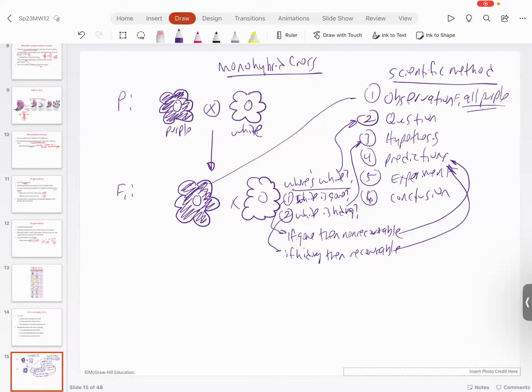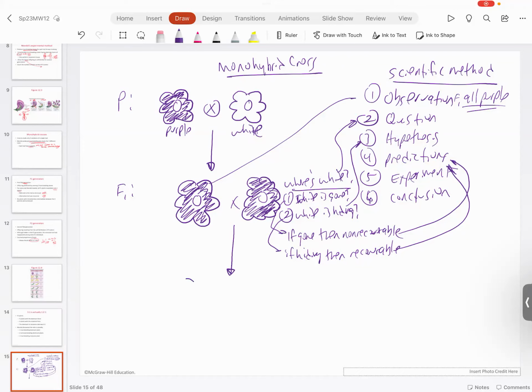So he's already satisfied the first 4 steps of the scientific method. Now what does he do? Now he conducts an experiment. What if I cross the F1 purples to the F1 purples? What am I going to get?